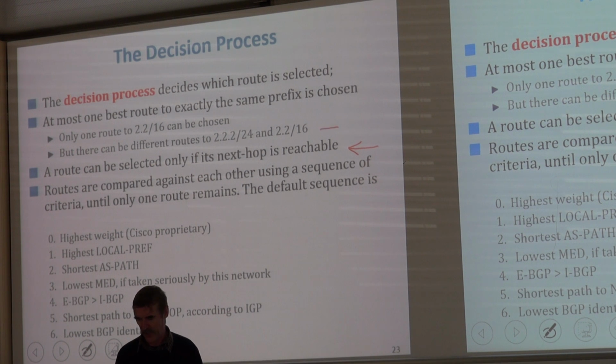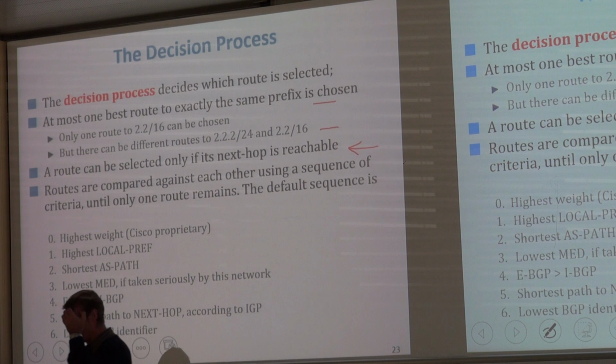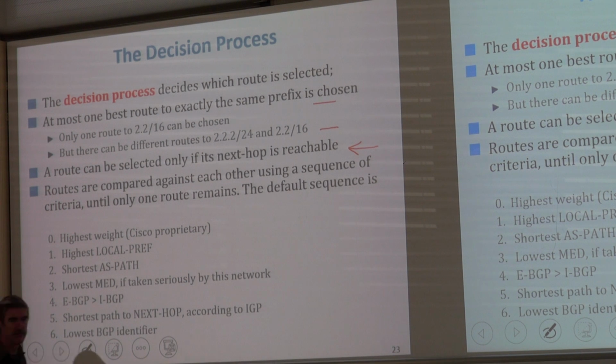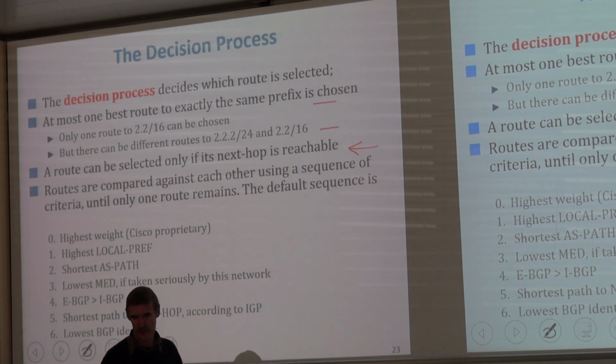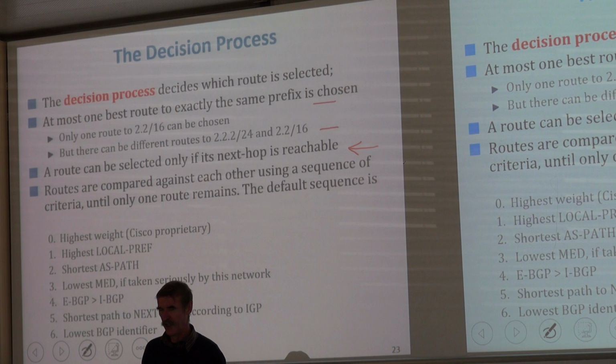A small caveat here: when we say routes, we mean prefixes, and different prefixes are different routes, even if one is a subset of the other. For example, 2.2/16 is a superset of 2.2.2/24.